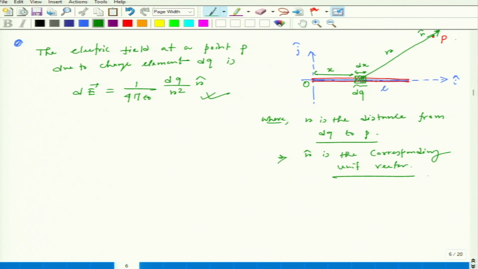Now we use the superposition principle. The total electric field is the vector sum of all these infinitesimal contributions. We can choose this small element anywhere in the rod.